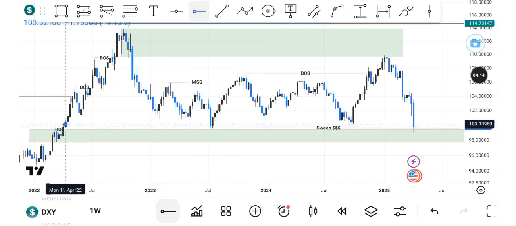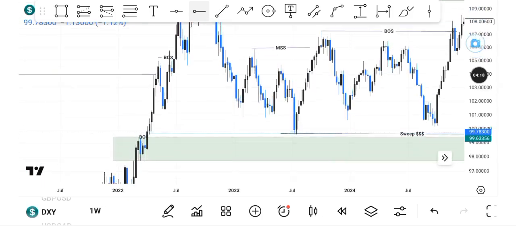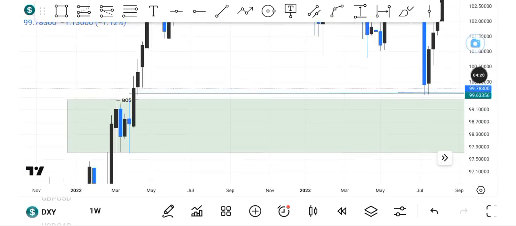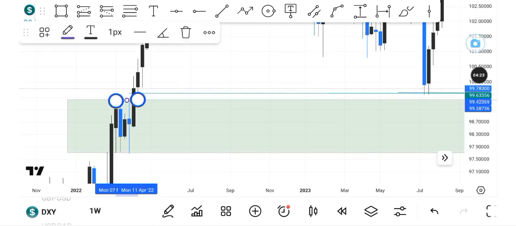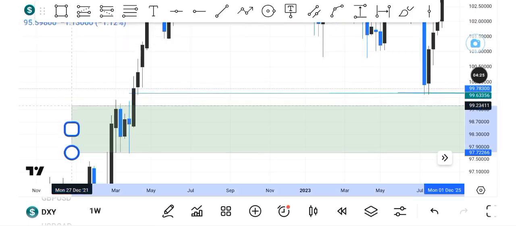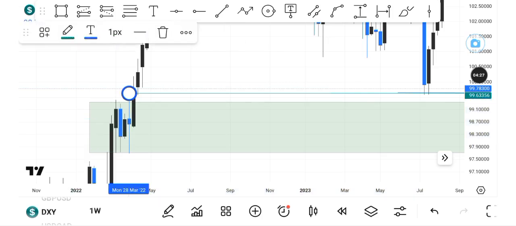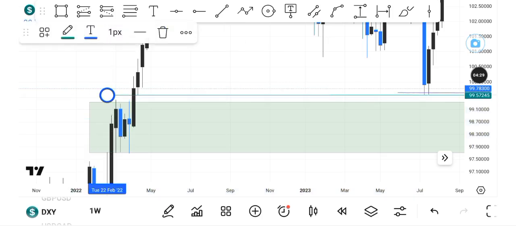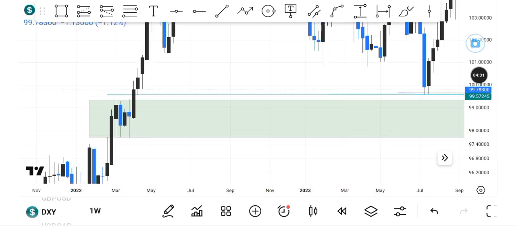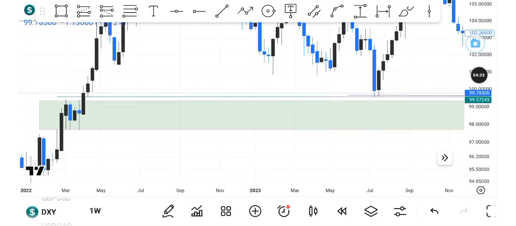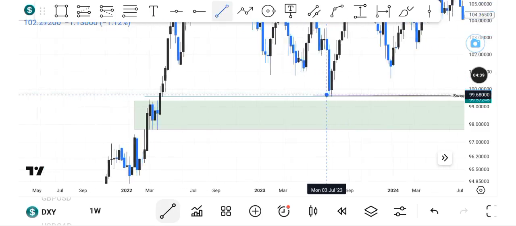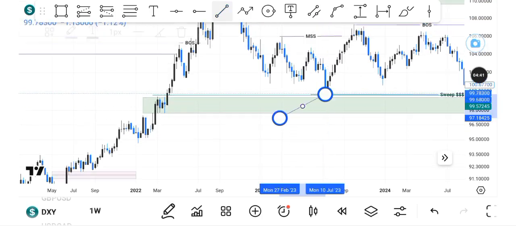It reacted inside the imbalance present. As you can see, if I zoom this clearly, you'll be able to see it. It reacted into the imbalance, leaving our order block unfilled. Which means we expect this order block to be filled, either by the sweep of liquidity or by the close of a candle inside it.